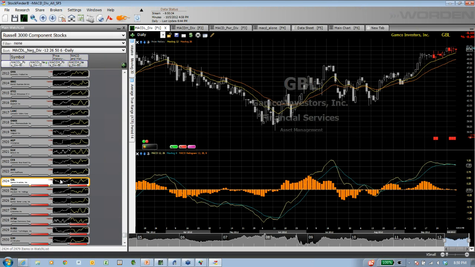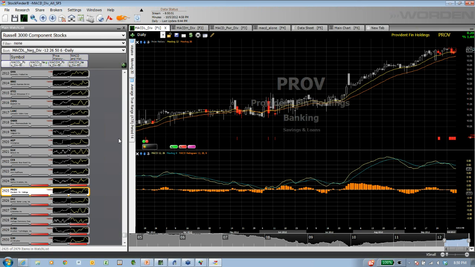So when I say a divergence, you'll notice that you made a higher high here than back here, yet the MACD is going the other way around. And so I scan these in a number of programs.